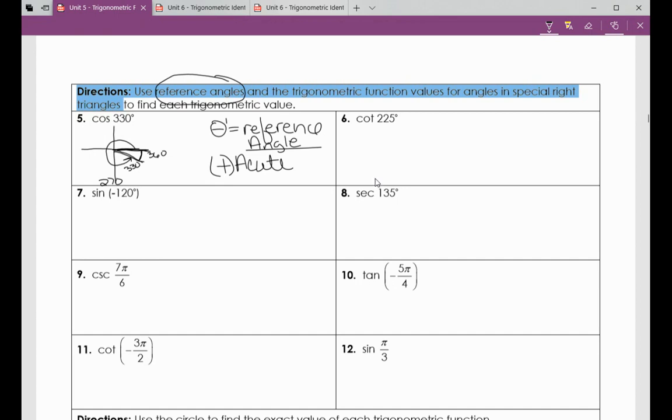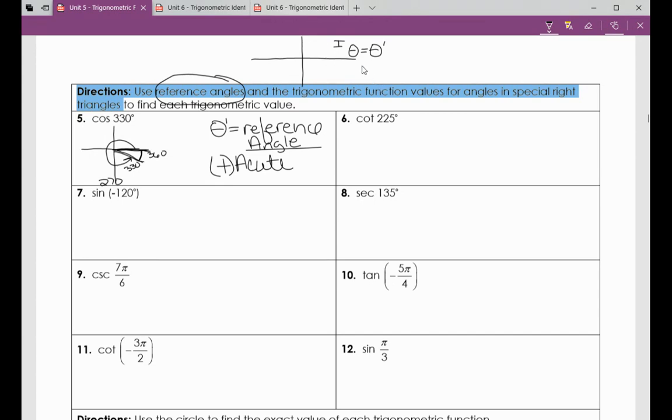So all we're going to do right now is calculate reference angles. If you are in quadrant 1, you will take whatever theta is, that will be your reference angle, because every angle in quadrant 1 is acute.